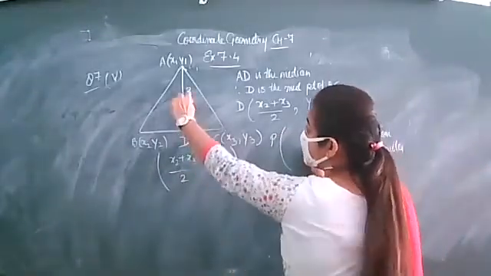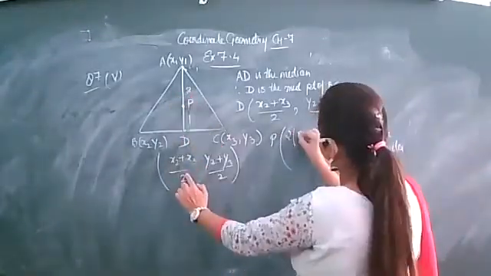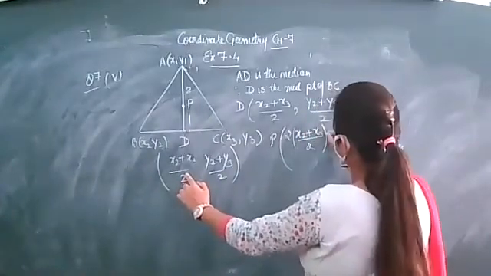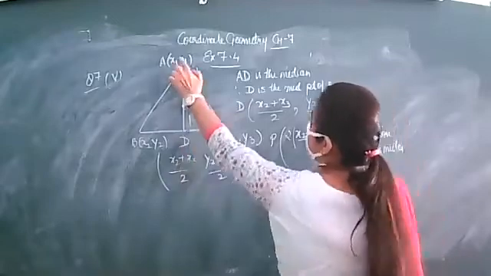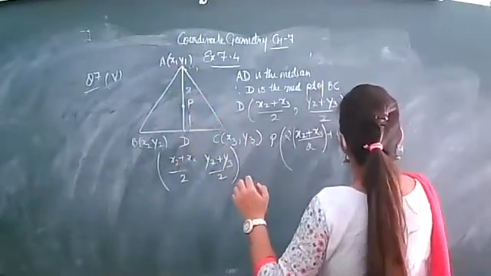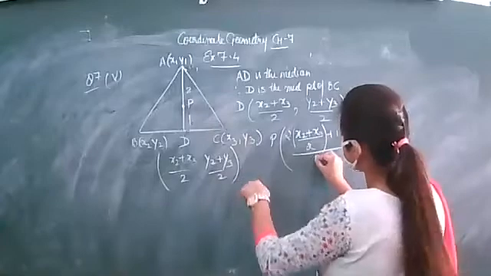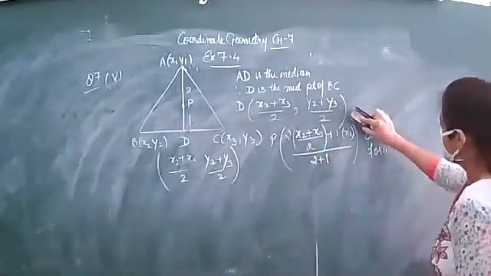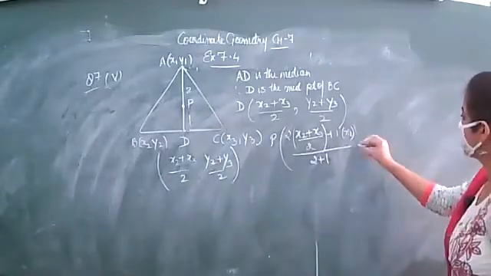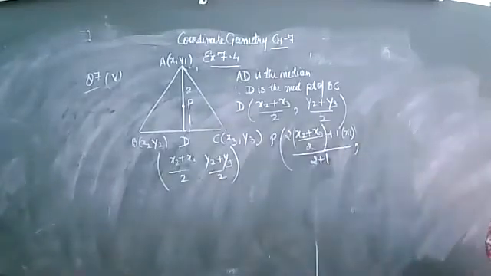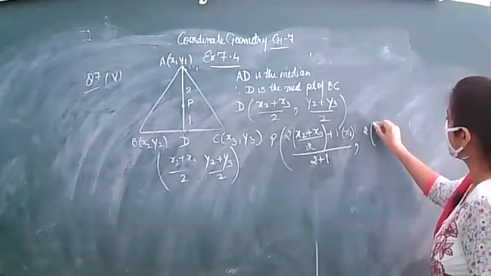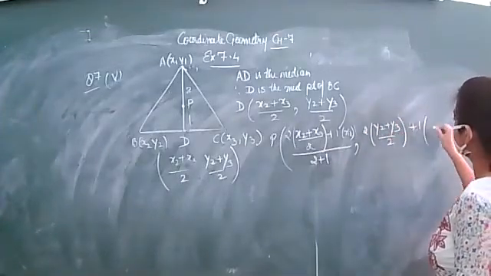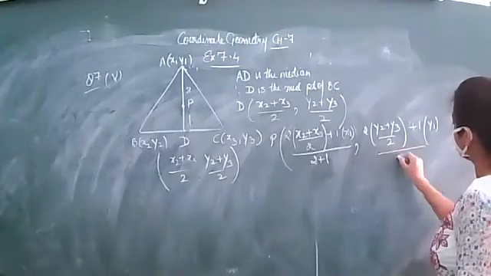So for the x coordinate of P, this 2 will be multiplied with the first coordinate, plus 1 will be multiplied with the other coordinate, upon the ratio 2 plus 1. So this is your x coordinate. Now I'm writing the y coordinate here. Y coordinate will be 2 multiplied by (y2 plus y3) upon 2 plus 1 multiplied by y1 upon 2 plus 1.